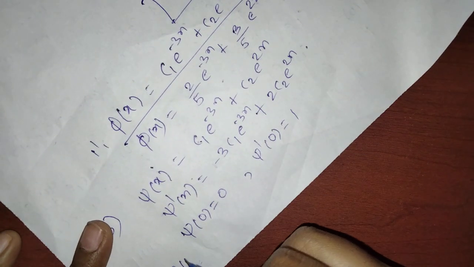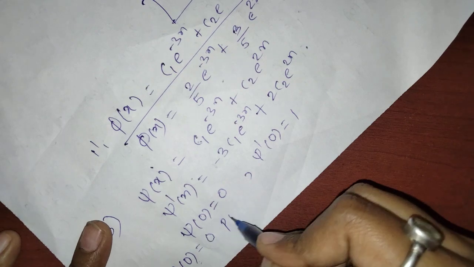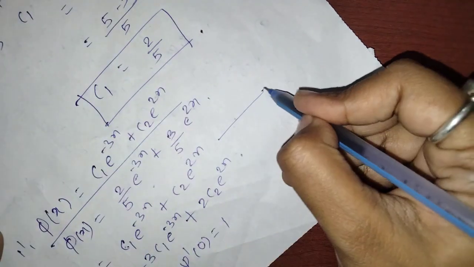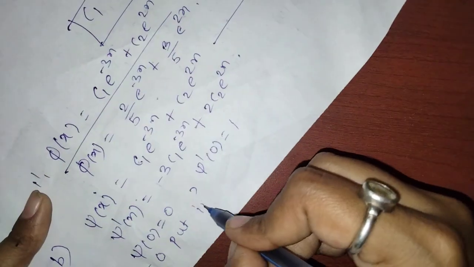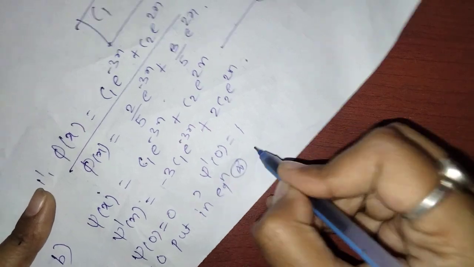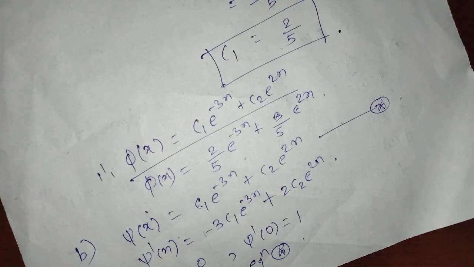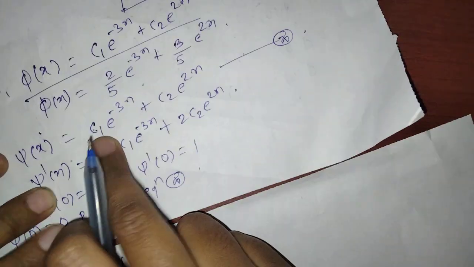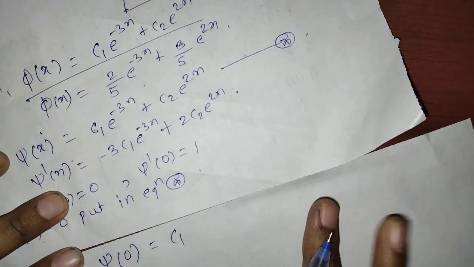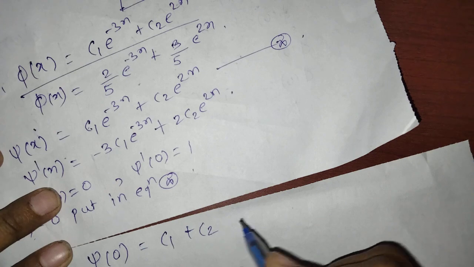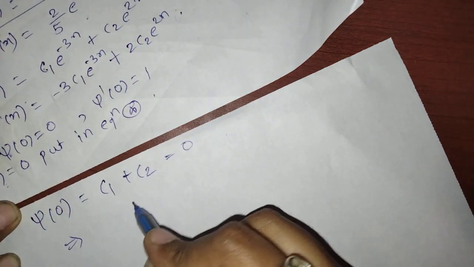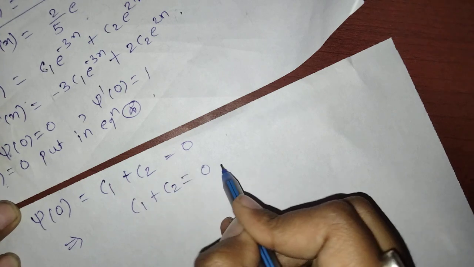So put psi(0) = 0 in equation star. Psi(0) = c1 e^0 + c2 e^0, and psi(0) = 0 implies c1 + c2 = 0.